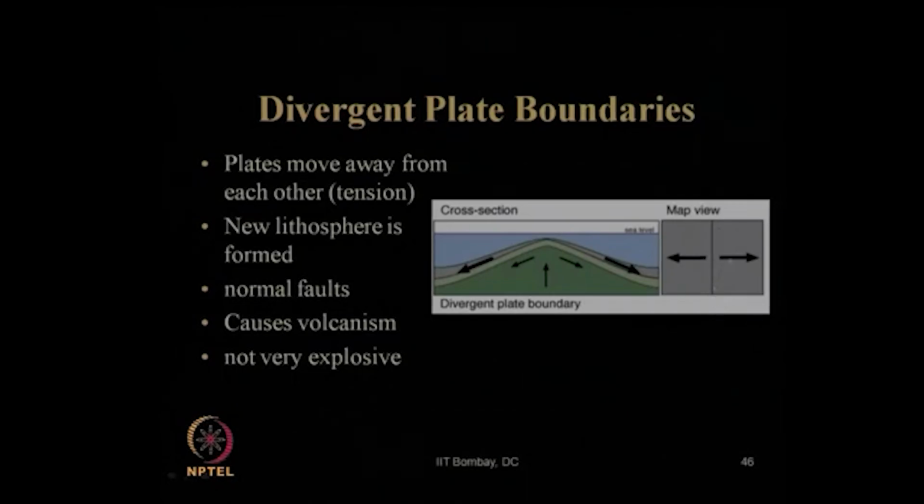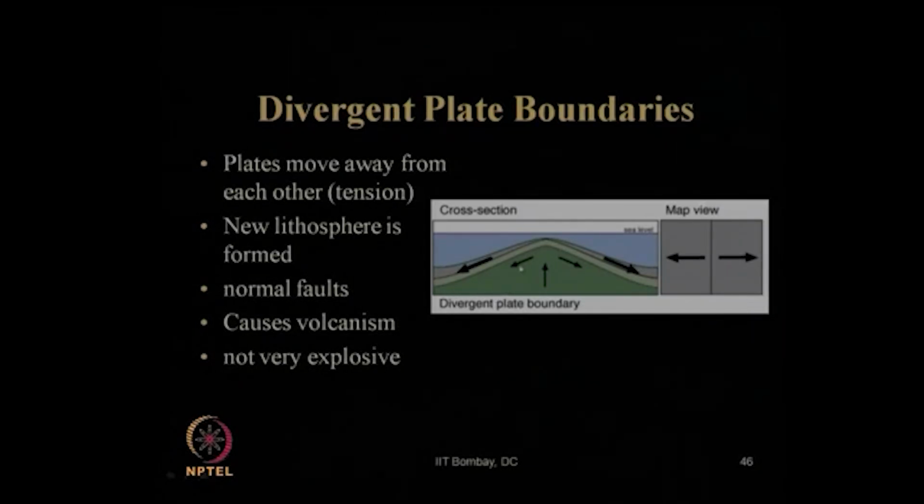So, normal faults are subjected to tensile force and it causes volcanism, because you can see when some of the Earth's interior gets opened up, there is a high chance that the molten or high temperature Earth's interior can come out in the form of lava or volcano. So, that is why it causes volcanic eruption, but it is not very explosive, that is, it does not create a huge explosion sound.